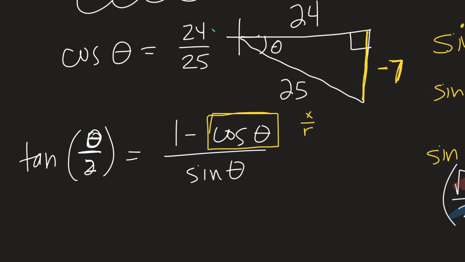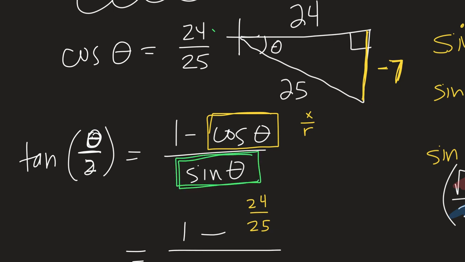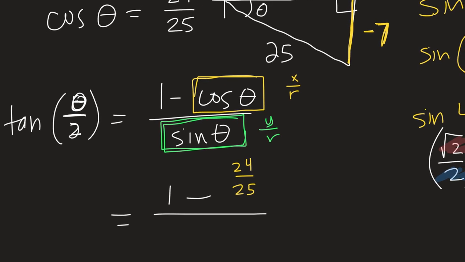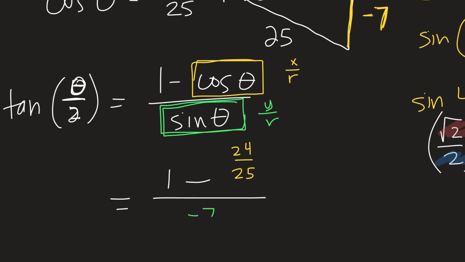So I'm going to replace cosine with 24 over 25, the adjacent over the hypotenuse, divided by my sine. There's a ratio for sine. Sine is the y value over the hypotenuse. So that's -7 over 25, right? Because my y value is negative.